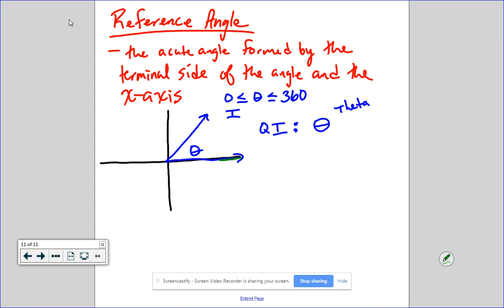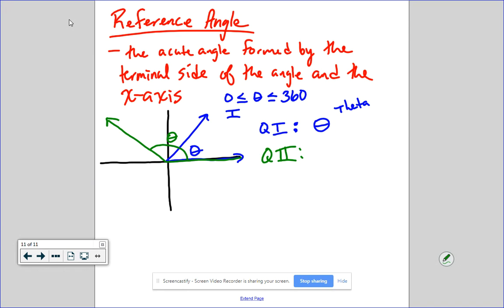Next, we'll do quadrant 2. Okay? Quadrant 2. And this angle here is theta. So if it's in quadrant 2, well, that's going to be an obtuse angle. Is it not?